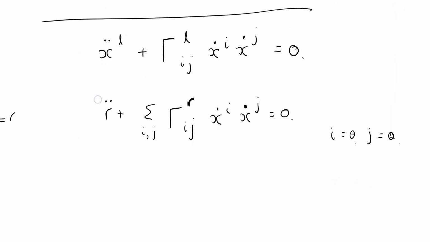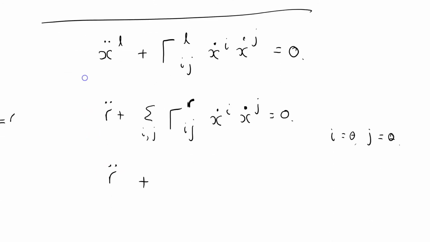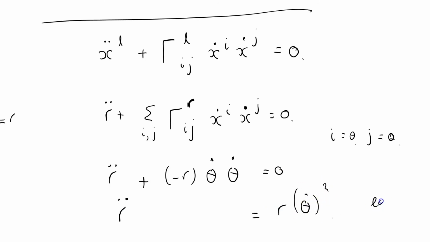So that tells me that r double dot plus the Christoffel symbol r theta theta, which is minus r, theta dot, because i is theta, theta dot again, because j is theta as well, equals 0. So of course that tells me that r double dot equals r theta dot squared. Beautiful, which I'm going to call equation 1.